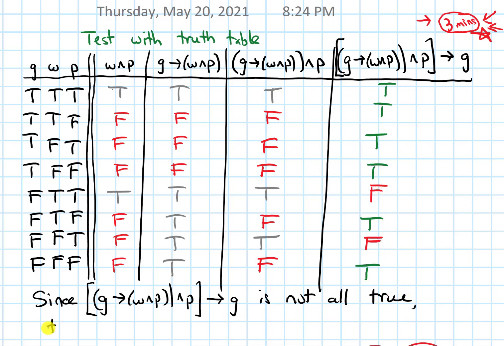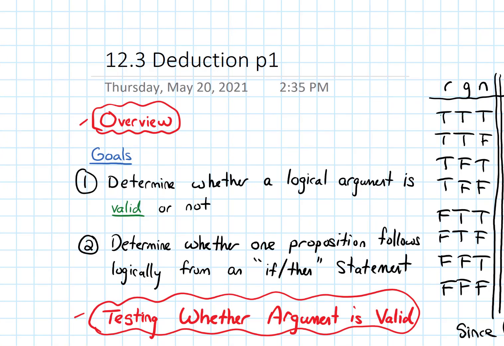This argument is invalid. And that is our answer. So in terms of our goals for this section, we have finished our first goal to determine whether a logical argument is valid or not using truth tables.